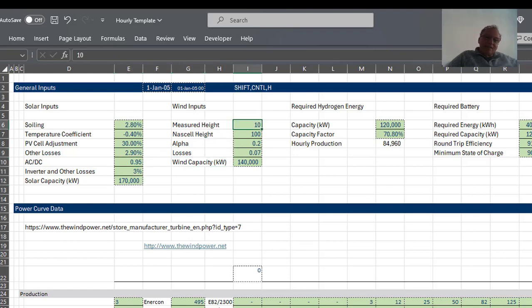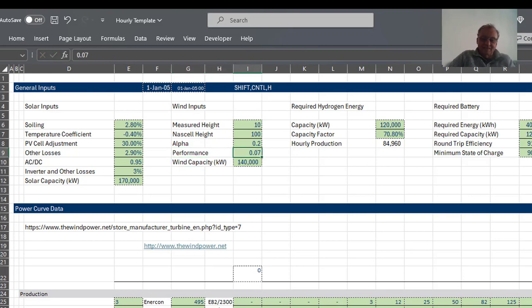Here are some wind inputs, and I used this alpha that we just talked about. And let's put a performance ratio. I won't call it performance because then you'll yell at me.